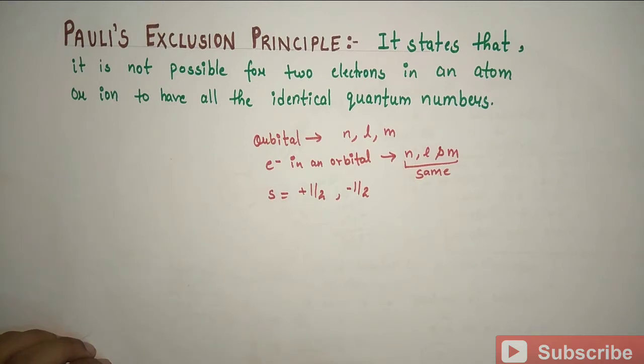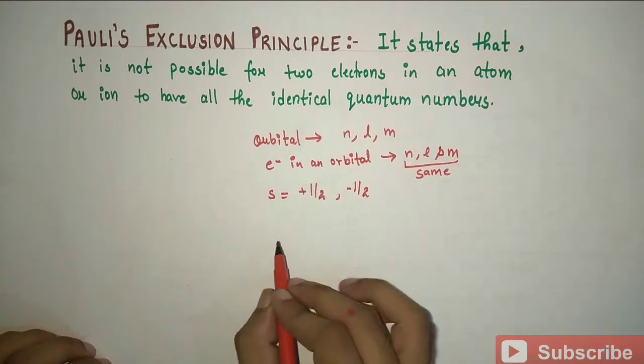In other words, an orbital can have at the most 2 electrons.